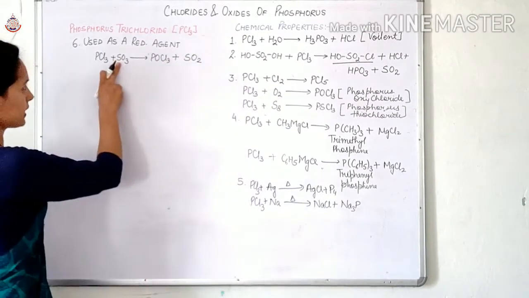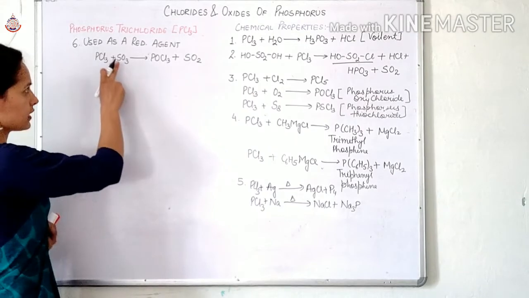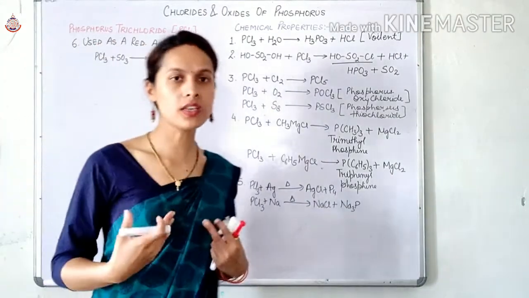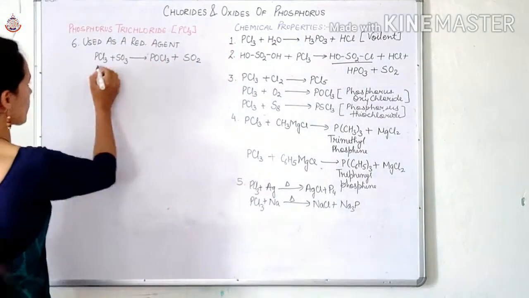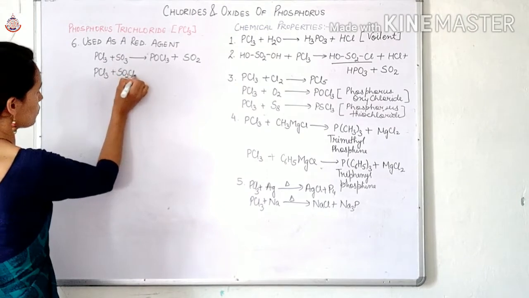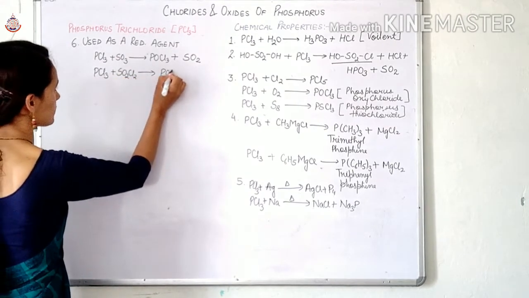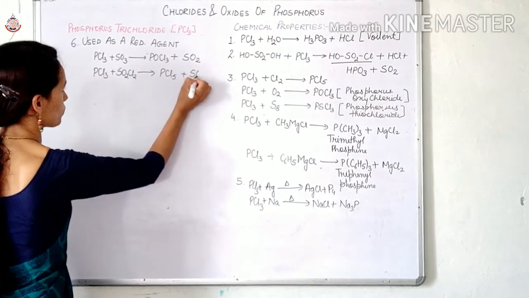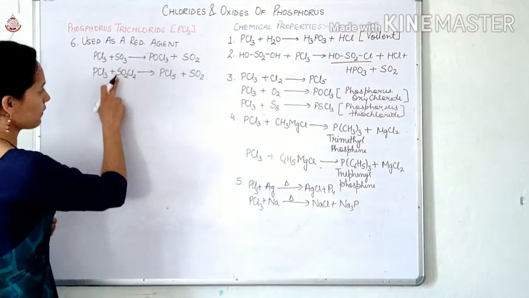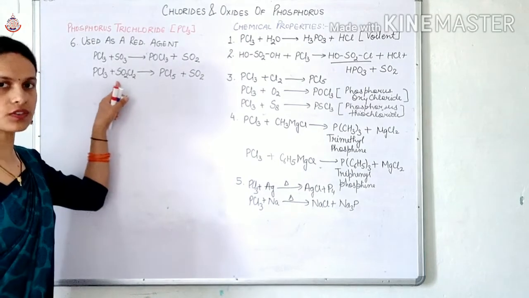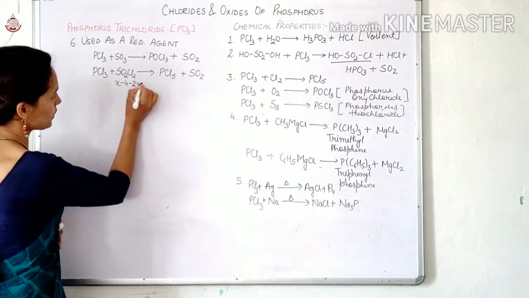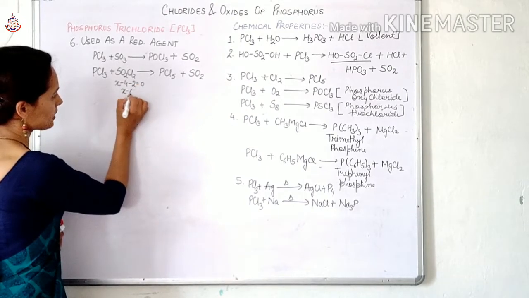Here it takes oxygen from SO3, so it reduces SO3 into SO2, and therefore it acts as a reducing agent. Similarly, when PCl3 reacts with SO2Cl2, it forms PCl5 plus SO2. Here, if I calculate the oxidation state of sulfur, then X minus 4 minus 2 equals 0. So X minus 6 equals 0.